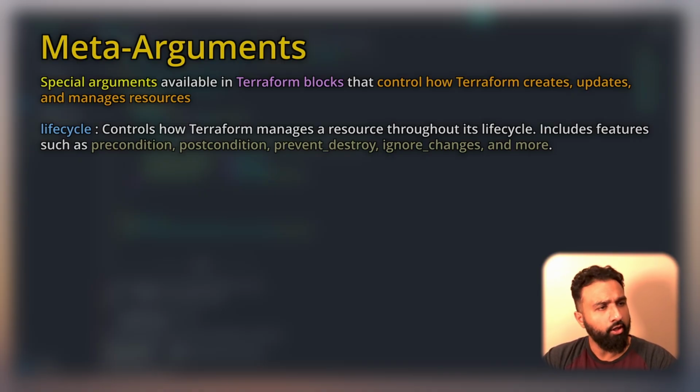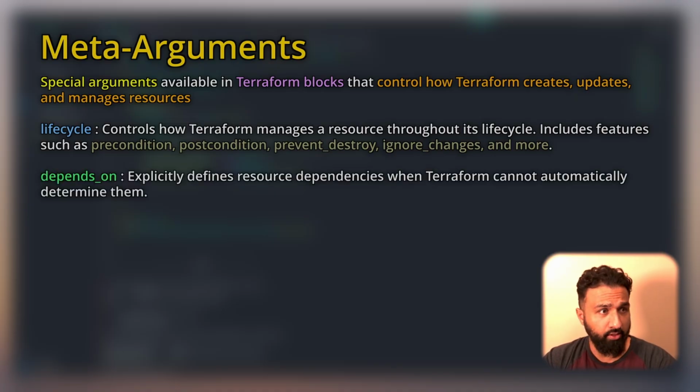Lifecycle also has other arguments that you could use, like prevent_destroy, to protect resources from accidental deletion through the Terraform destroy command. And then there's ignore_changes, to tell Terraform to ignore attribute changes of a resource, even if they're done in the portal. And there are other meta arguments as well. In the last episode, we actually explored one of them called depends_on, which lets us explicitly control the order Terraform creates resources when dependencies aren't automatically detected.